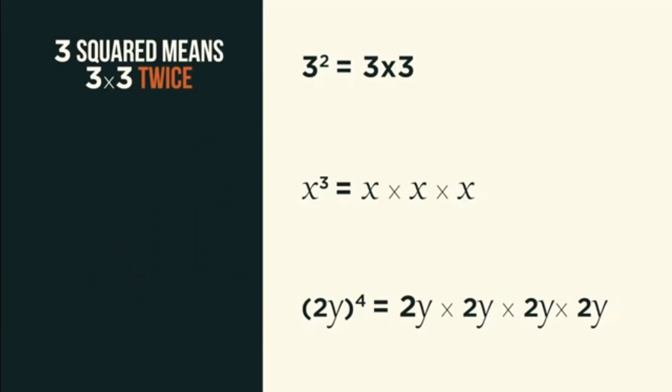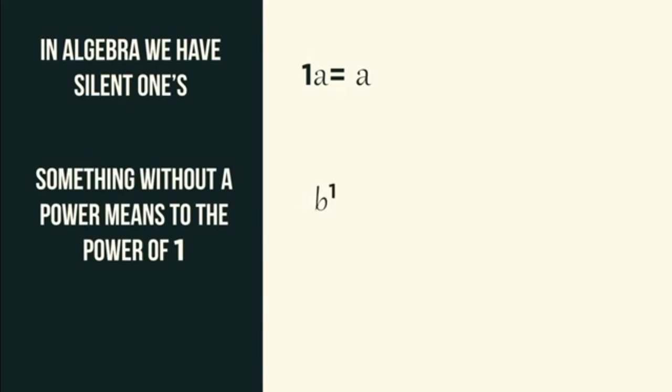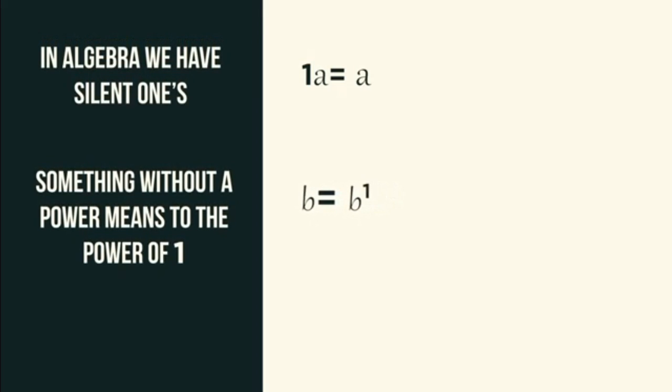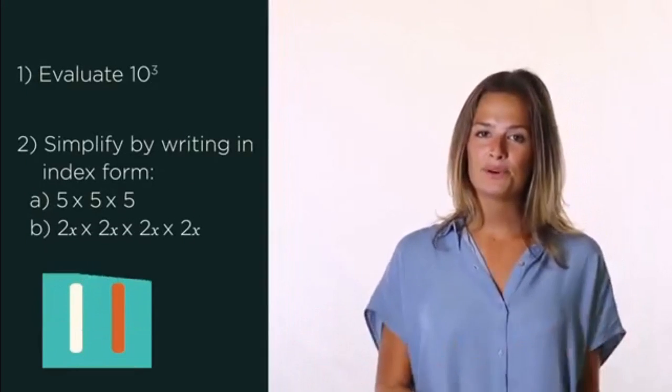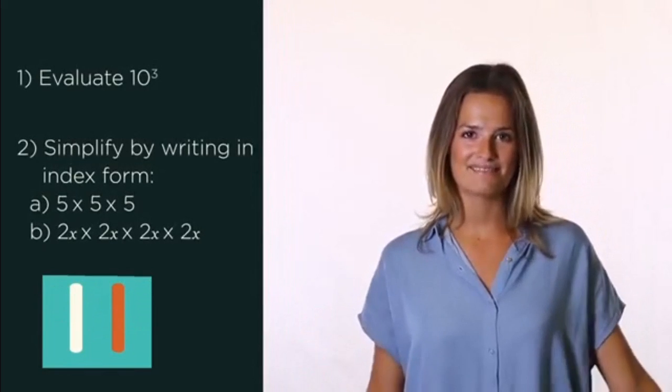You know how in algebra we have silent ones, so we don't write 1a, we just write a. Something without a power, so b for example, really means b to the power of 1. But the 1 is silent, so we don't write it. Can you answer these 3 questions? Pause the video, work out the answer, and click play when you're ready to check.